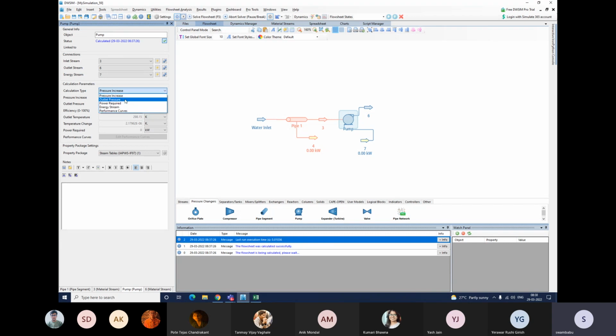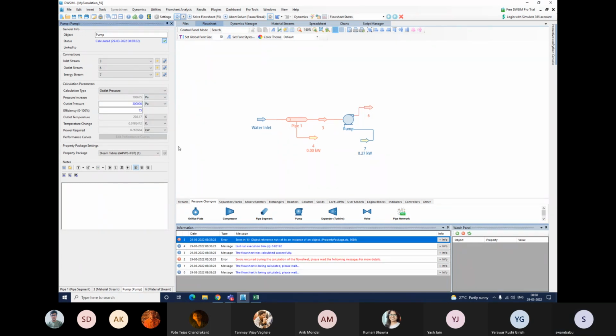So we'll go with a certain outlet pressure. Let's say initially I'll keep it as 3 bar pressure. I will explain what the need of this pressure is afterwards.